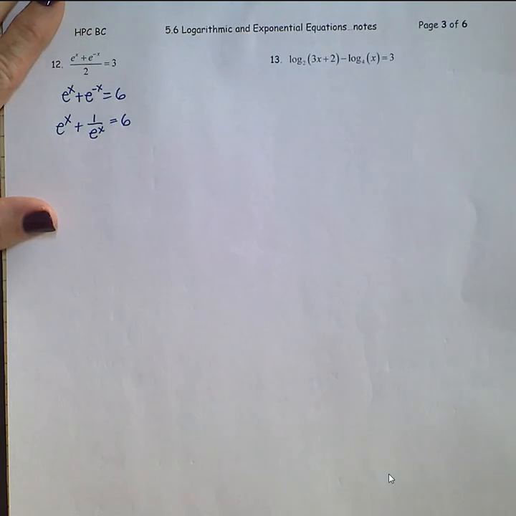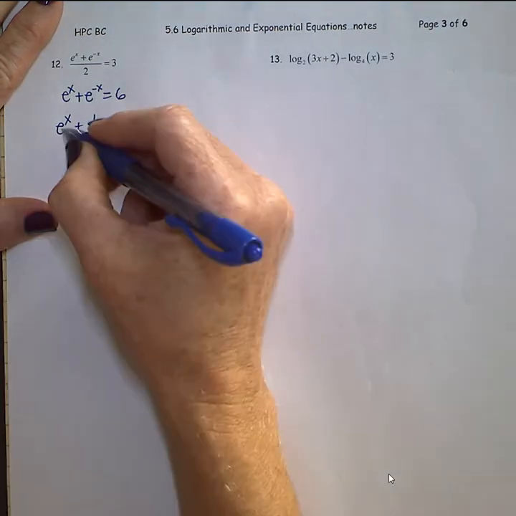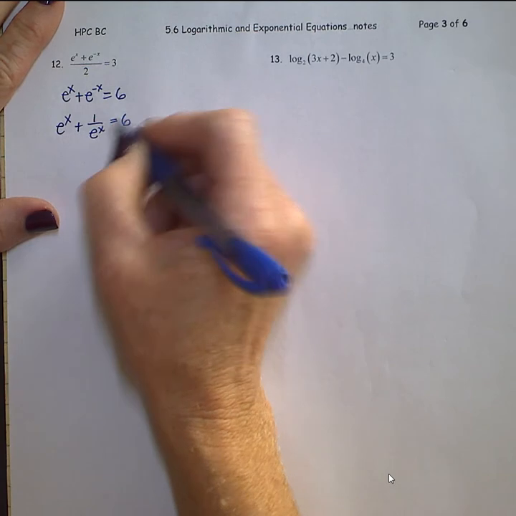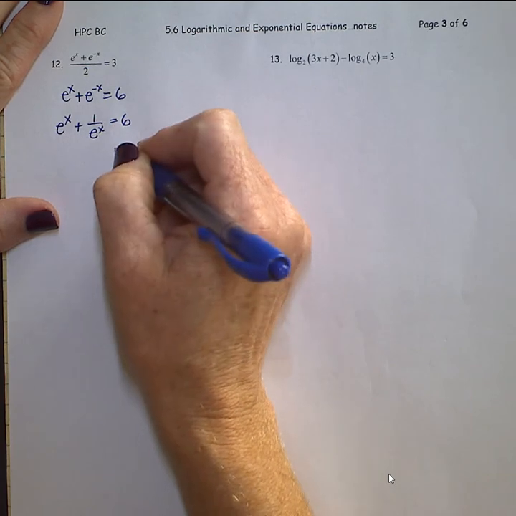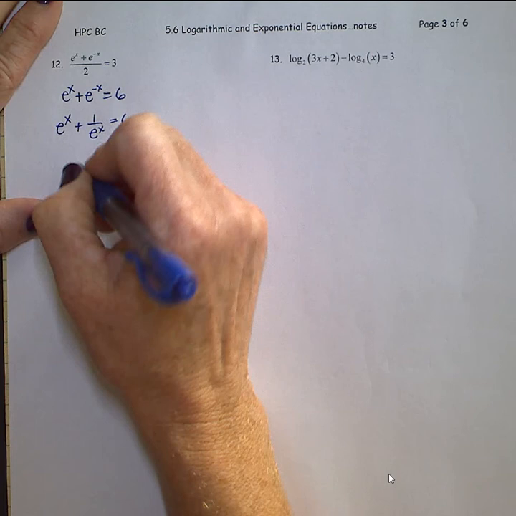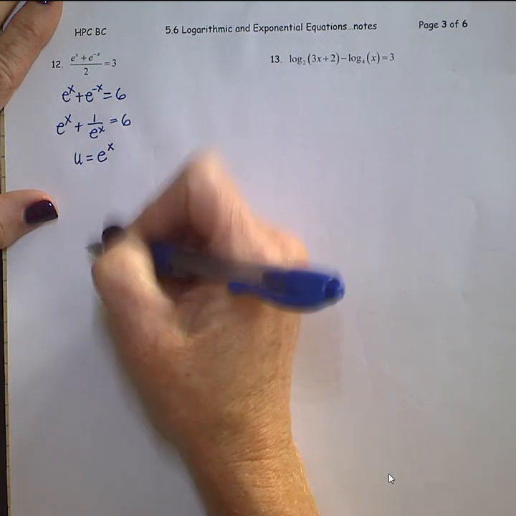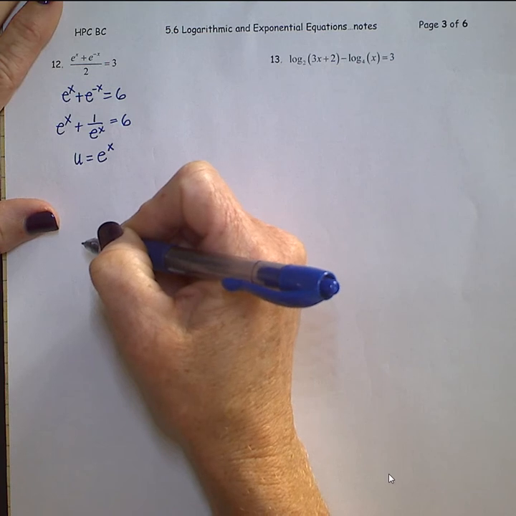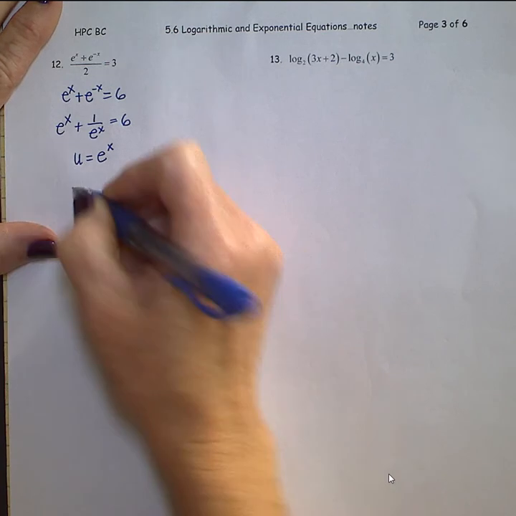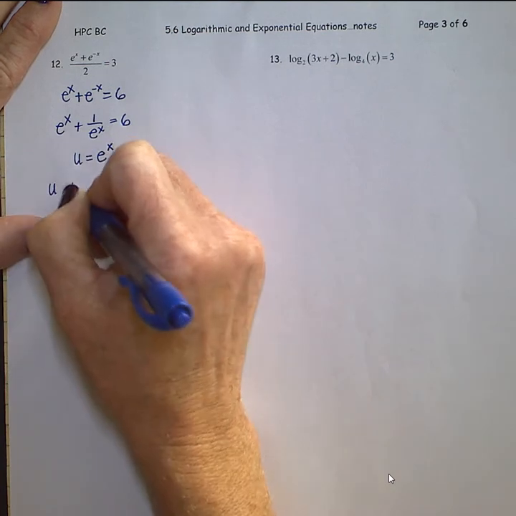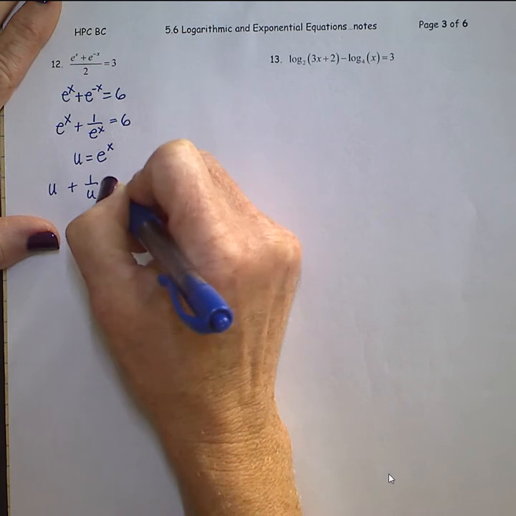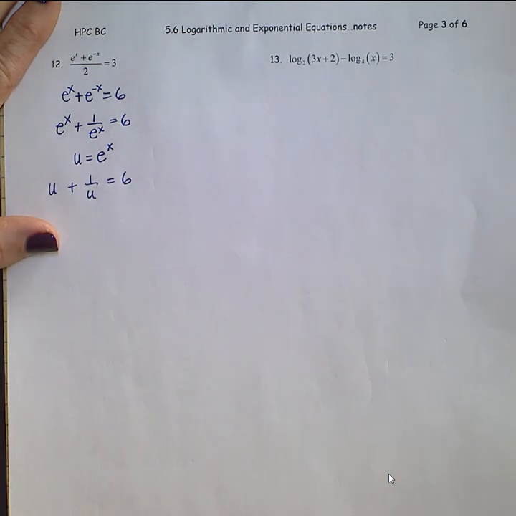Even though it doesn't look quadratic, let's do that u substitution right now and get rid of these exponentials. So let's do u equals e to the x. And we're going to see u plus 1 over u equals 6.